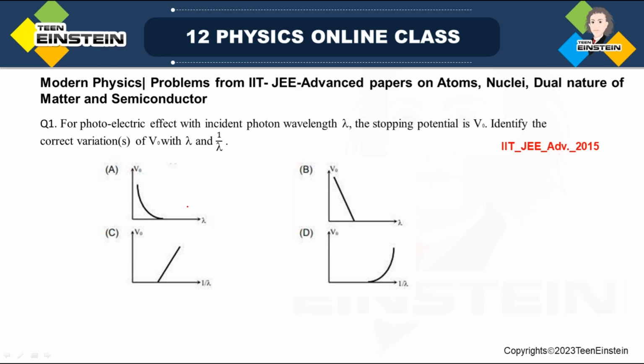See, whenever we see this kind of graph and want to see the variations with any other parameter, let us first of all write down the famous Einstein's equation for photoelectric effect. What is that saying? The maximum kinetic energy Kmax is equal to the energy of the incident photon minus the work function.